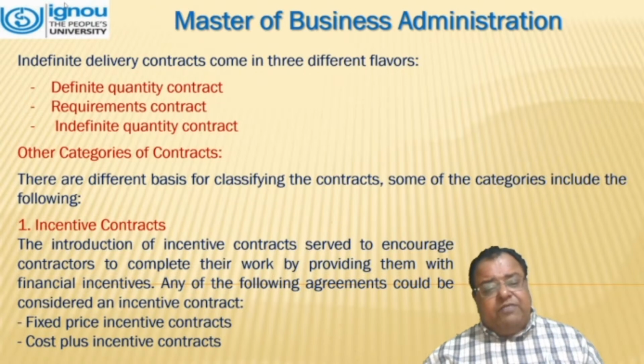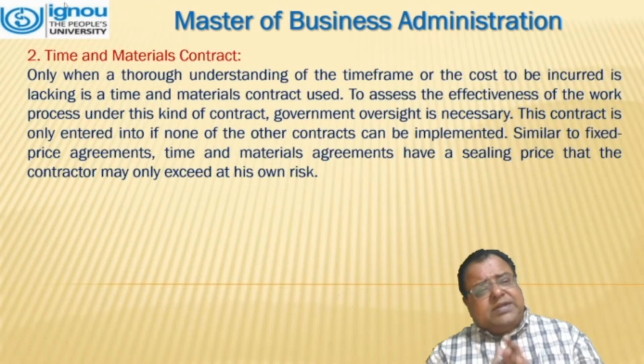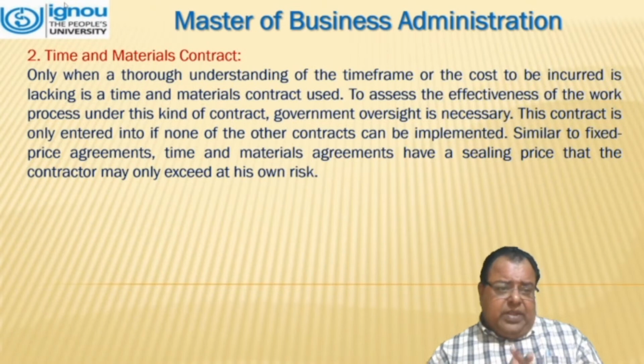The introduction of incentive contracts served to encourage contractors to complete their work by providing them with financial incentives. Any of the following agreements could be considered an incentive contract, that is, fixed price incentive contracts, cost plus incentive contracts. Second one is time and material contract.